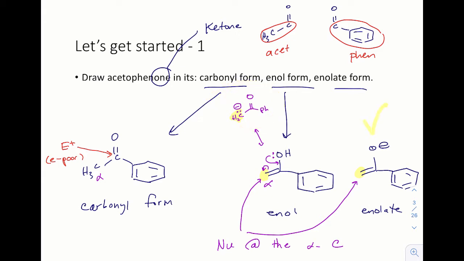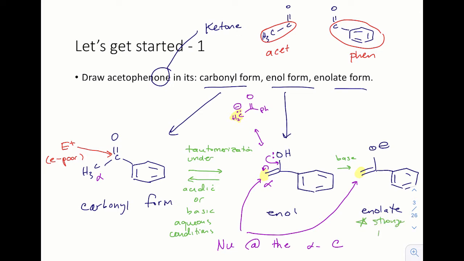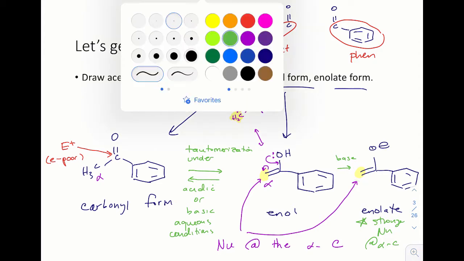So enolates are typically formed under basic conditions. You can see that the OH proton has been removed. And as you might expect, it is an even stronger, more reactive nucleophile at that alpha carbon because it's anionic, so there's going to be more negative charge at that alpha carbon.